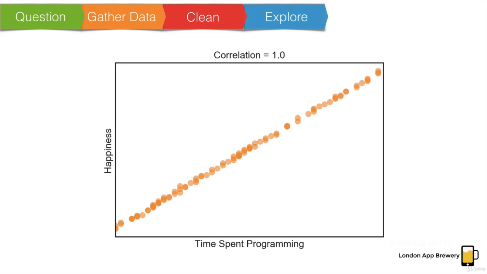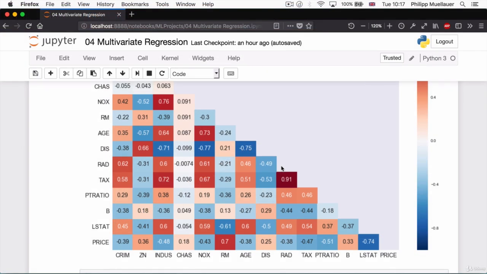You'd expect to see a chart where the data points almost form a straight line. Looking at our correlation matrix, we've actually got a very high number, 0.91, as the correlation between RAD, our access to radial highways, and our tax feature.